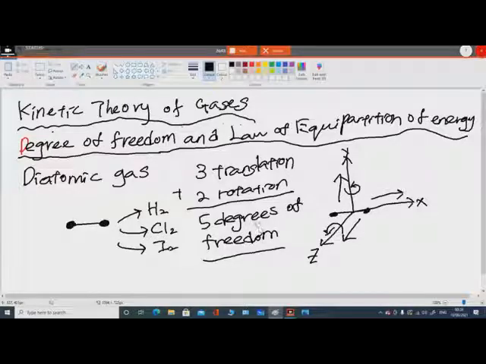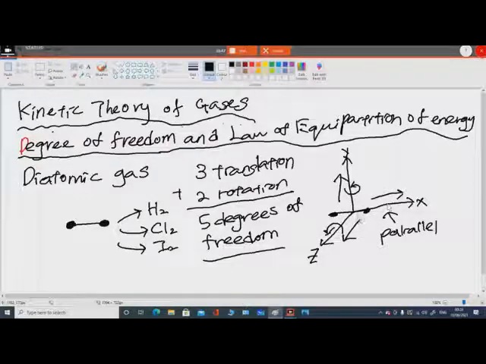As for why there is no rotational motion along the x-axis, based on my research, what I understand is that the diatomic gas is parallel to the x-axis.